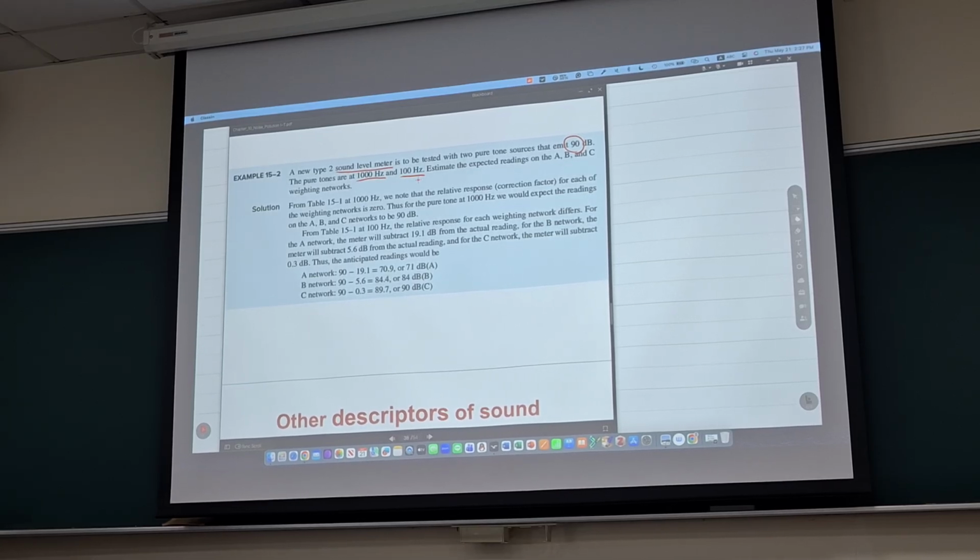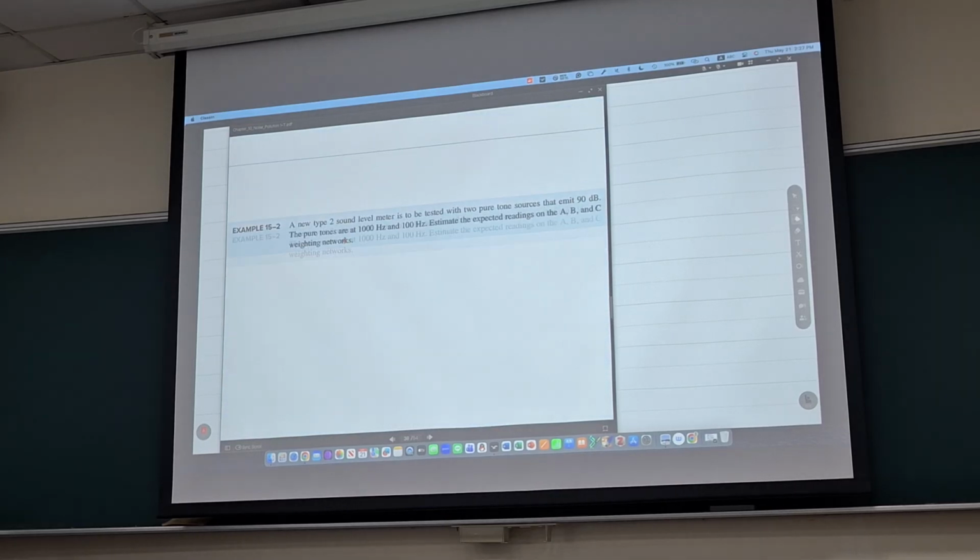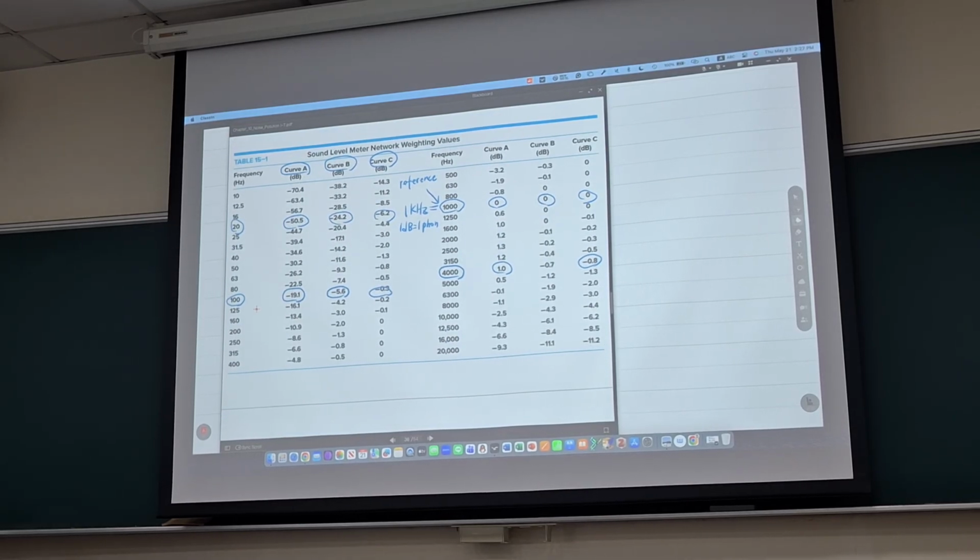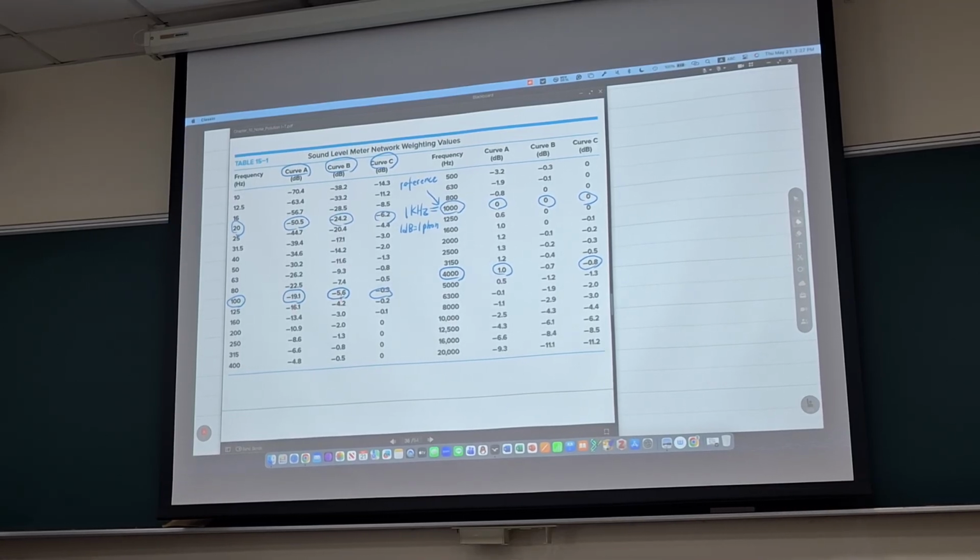So first one, at 100 hertz, and what was 90, right? At 100, as I just showed you, A reduced 19, B reduced 5.6, C reduced 0.3.